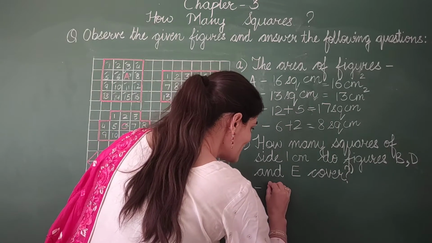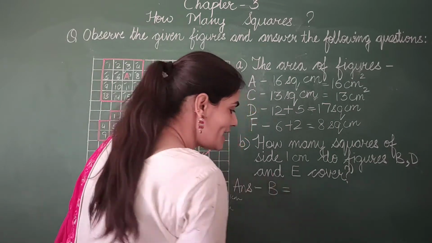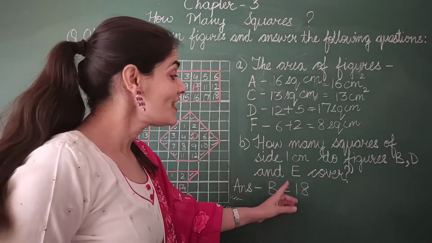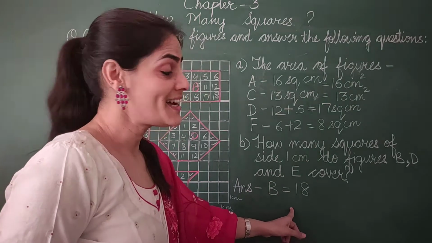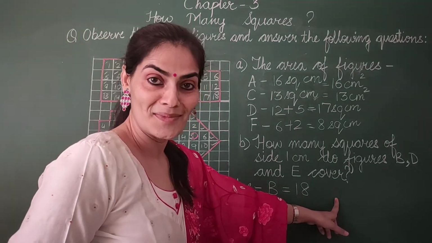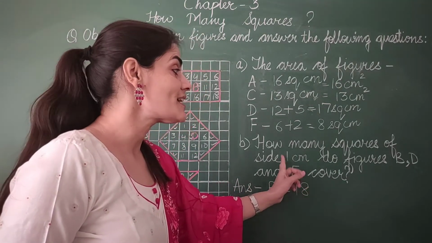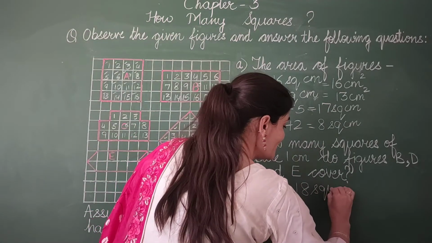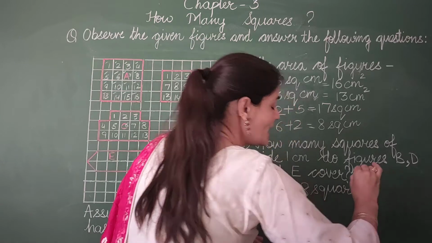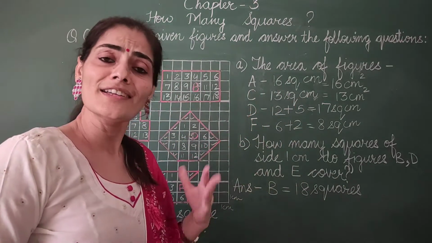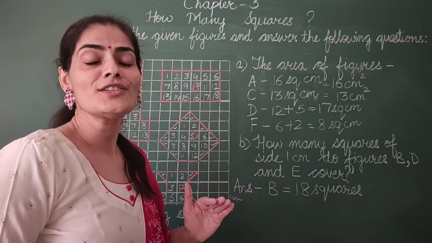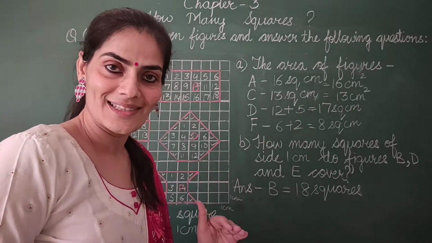So, I will be writing here, figure B covers 18. Now, if they had asked us area here, I would write square centimeter. But they have asked us the number of squares. So, I will be writing 18 squares. In a way, these two things are same. But we need to answer it according to the question asked.